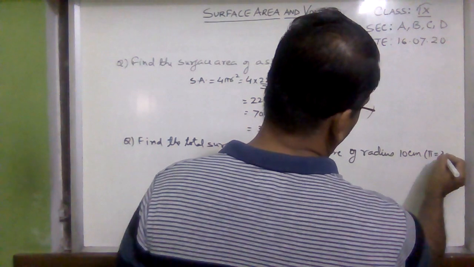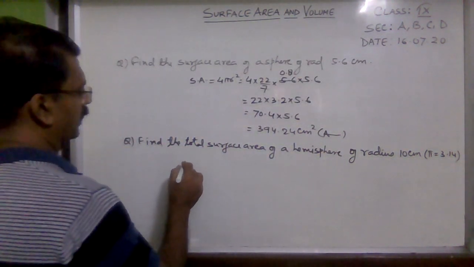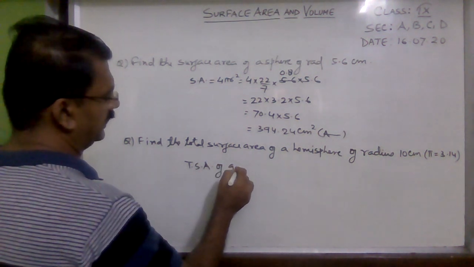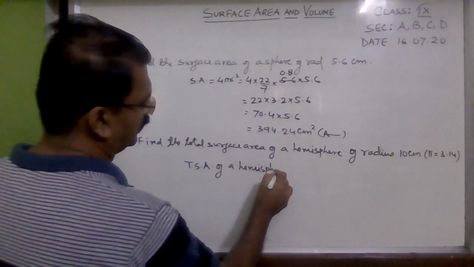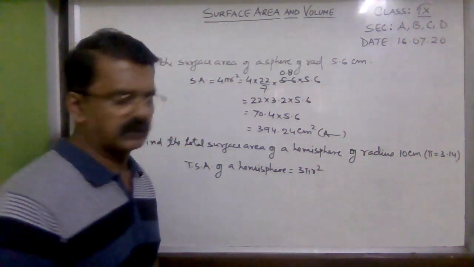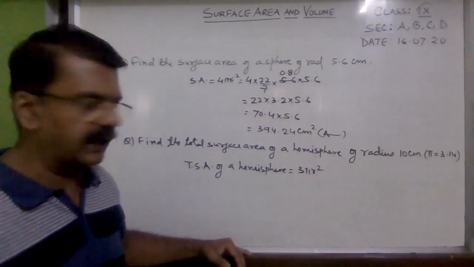They have given that for pi you put 3.14. So total surface area of a hemisphere, you know, it is 3 pi r square. I told you that total surface area of a hemisphere is 3 pi r square.